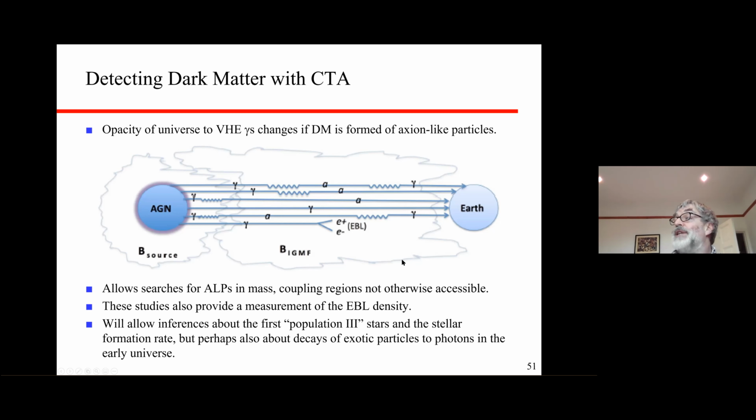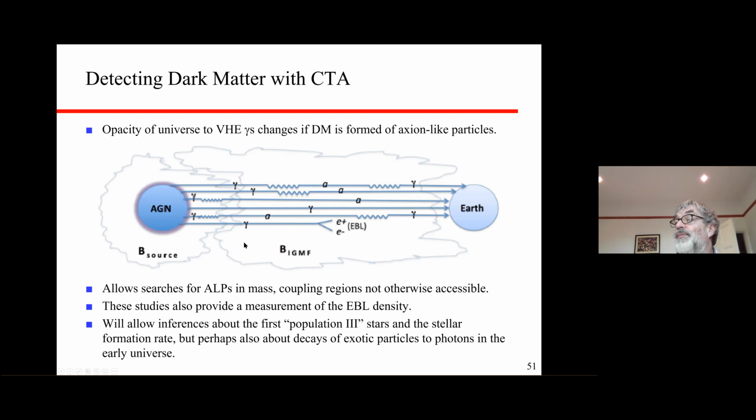And from that, we could actually work out the density of the photons in the universe produced by stars and by the cosmic microwave background. So that in itself would be an interesting thing to do. It would, for example, allow us to learn about how the first stars switched on, how they started producing light.